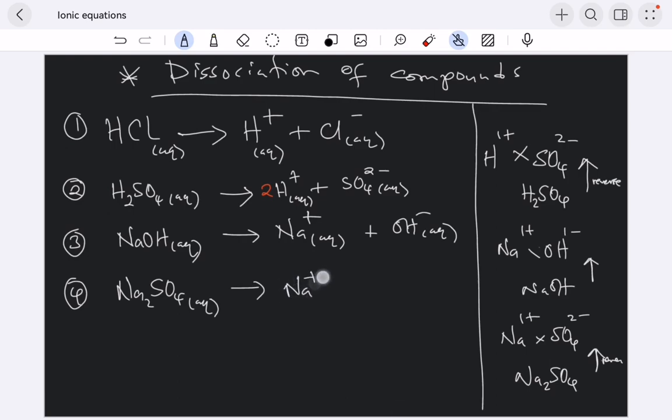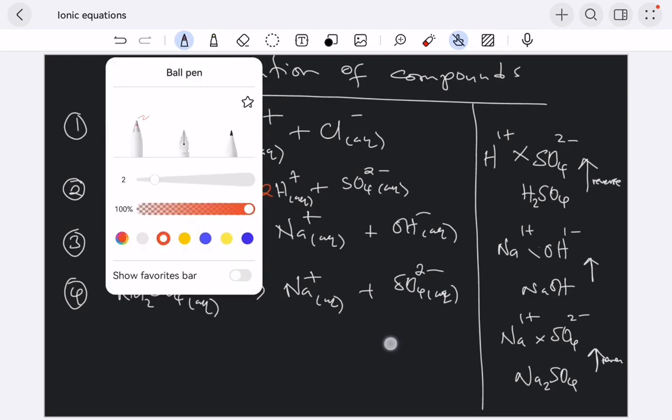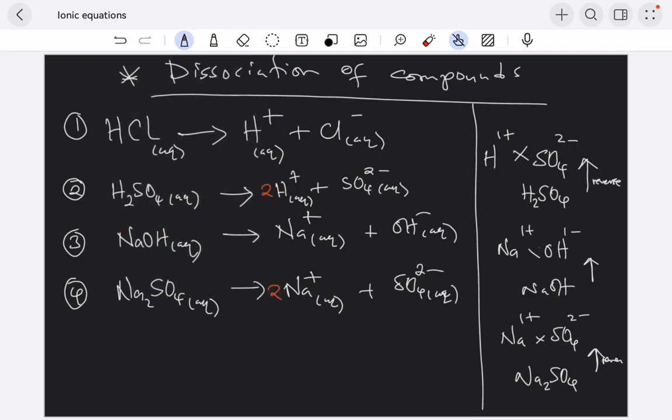So it's Na+ aqueous, plus SO4 2- aqueous. Then to balance the equation, obviously you put a 2 there. Now, let's look at an example of how to write an ionic equation.